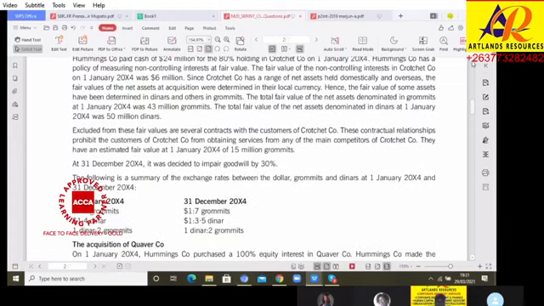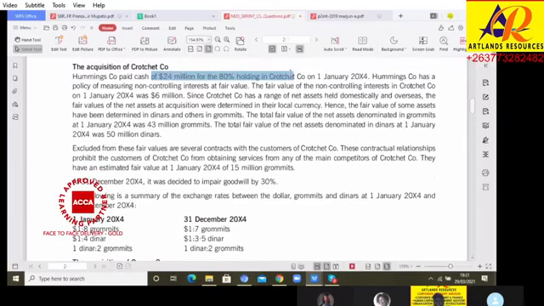Hammings paid $24 million to acquire an 80% holding in Crochet. That's the 2020 question paper. Are you noticing that the functional currency of Crochet is grommets? On 1 January 20X4 the functional currency is grommets, so that is the currency you are going to use.